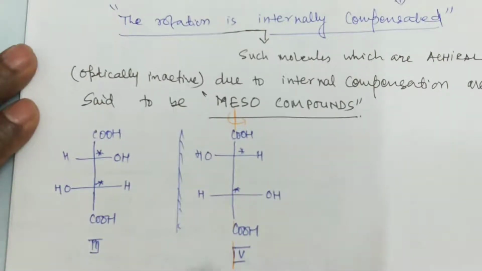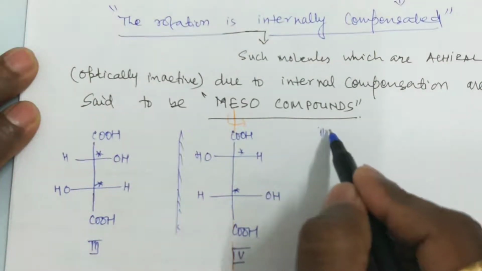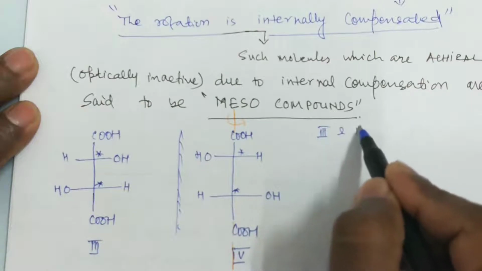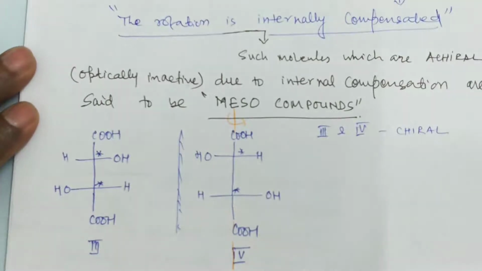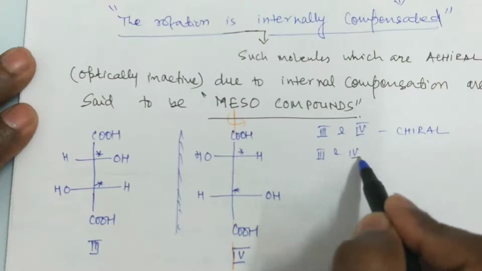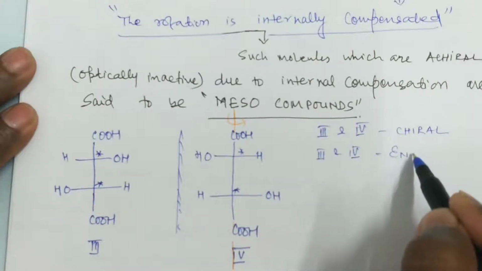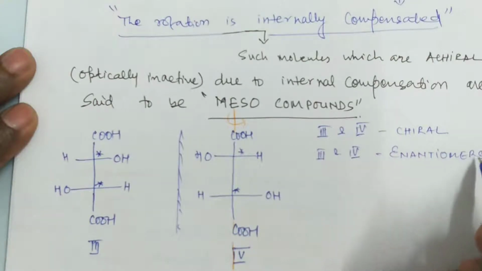So the third and fourth molecules are chiral, meaning they have the ability to rotate the plane of plane polarized light. Any other relation? Since their mirror images are non-superimposable, the third and fourth are enantiomers, right?